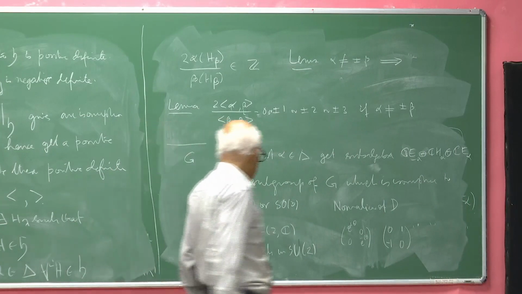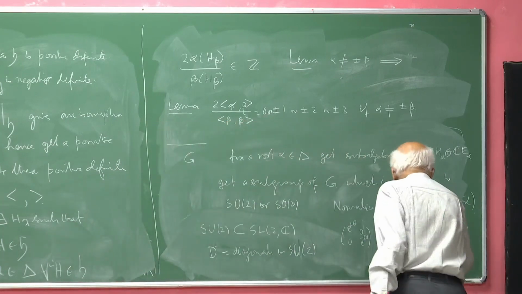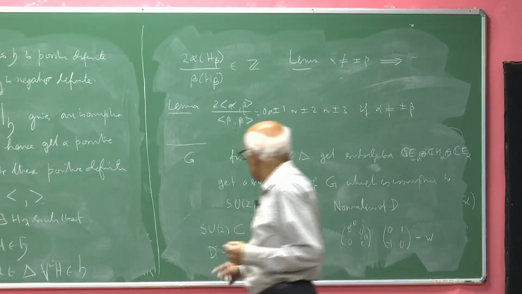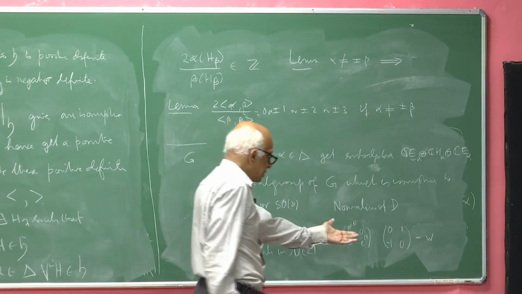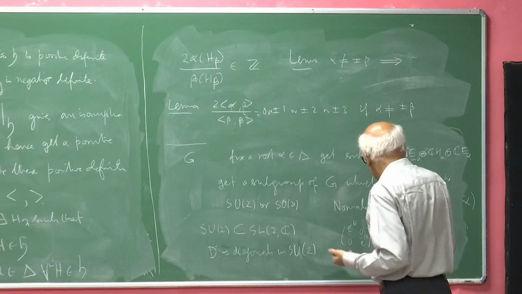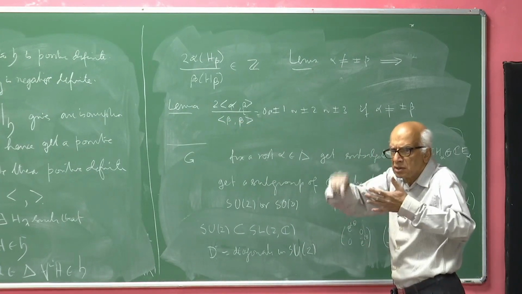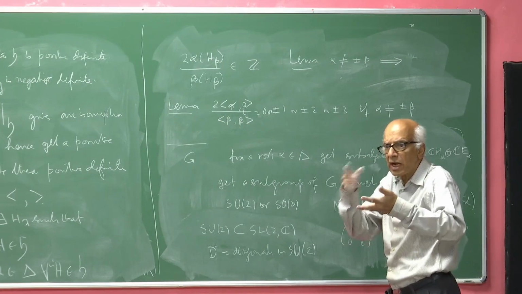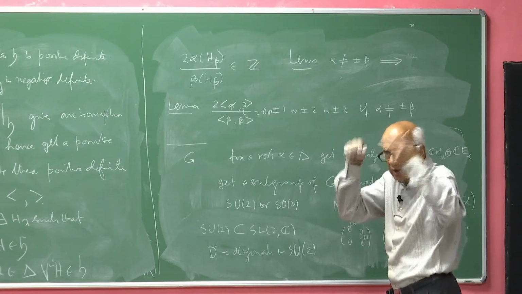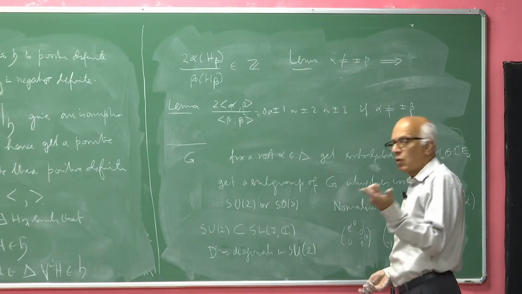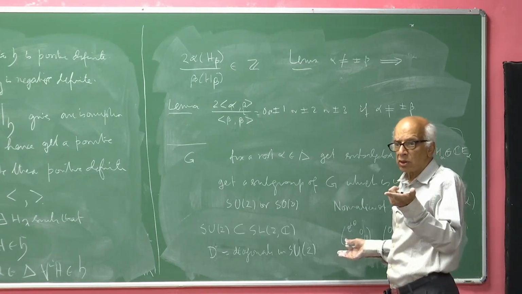This element I may call W. If you have anything in the normalizer, it permutes eigenspaces, so it either keeps each eigenspace in itself or switches the two. So there are only two elements modulo the torus itself.